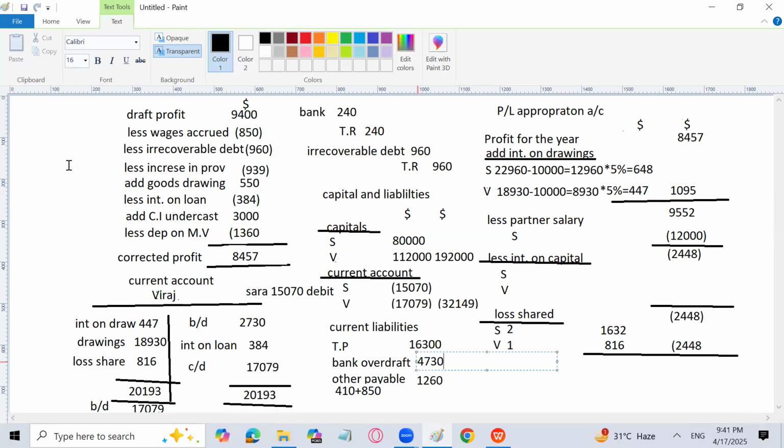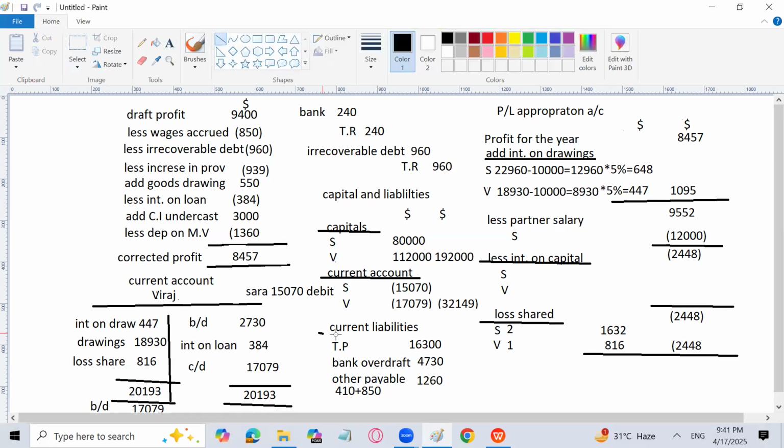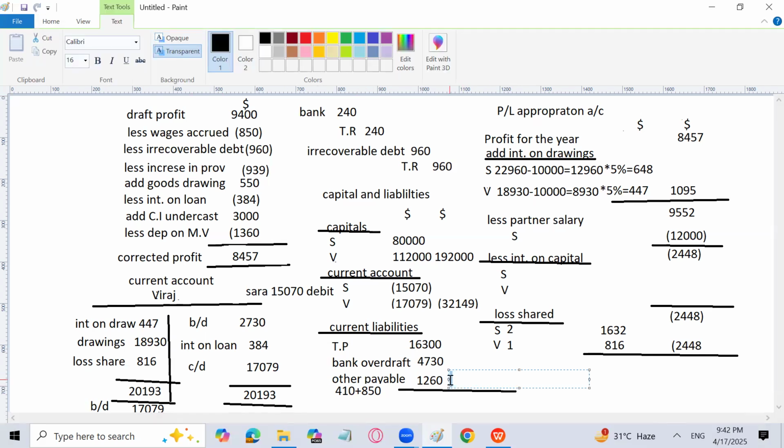So can you please tell me the total of the current liabilities now, so that we can go for the liability section. The total of the liability section: 16,300 plus 22,290, and now add them up.